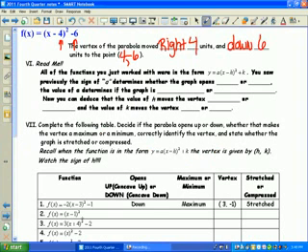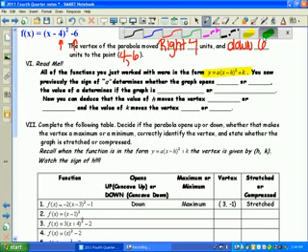Okay? What we've just done, we worked on what's called vertex form. Okay? Vertex form is y equals a times x minus h squared plus k. A is like our leading coefficient. Okay?